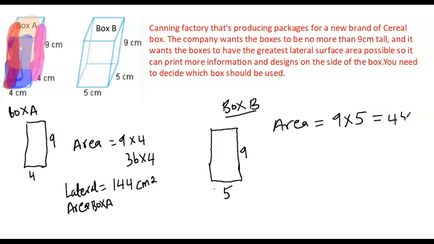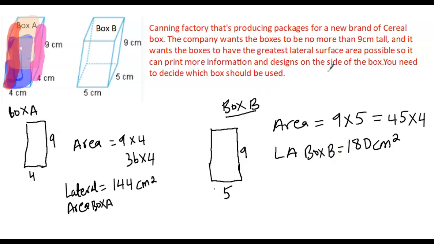That gives you 45. But it's of 4 sections, so you multiply by 4, and that will give us 180 centimeters squared. And this is the lateral area of this box B.